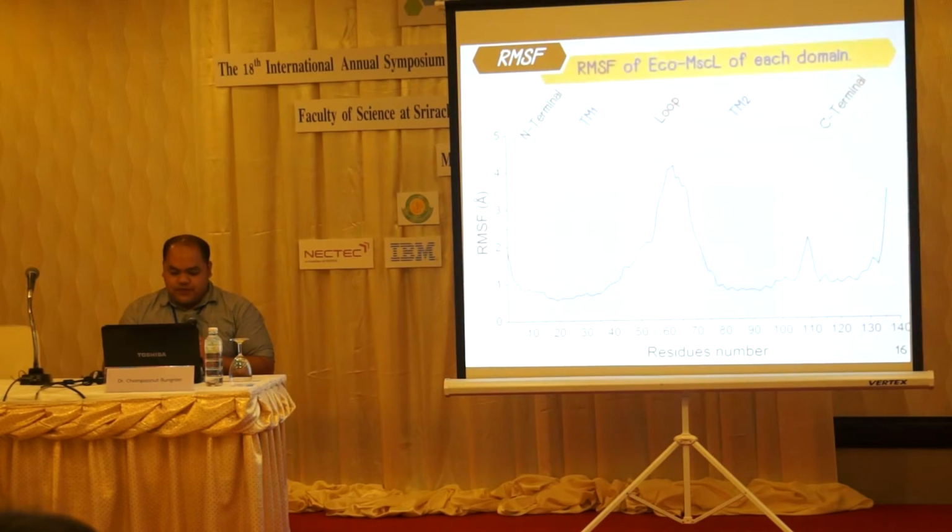RMSF per residue of the EcoMscL pentamer, measured using the last 10 nanoseconds of the MD trajectory. The RMSF values of TM1 and TM2 are relatively low compared with the N and C terminal domains and the periplasmic loop.